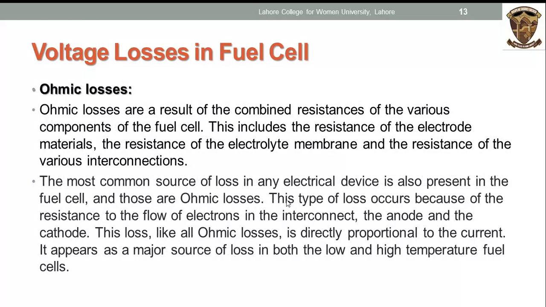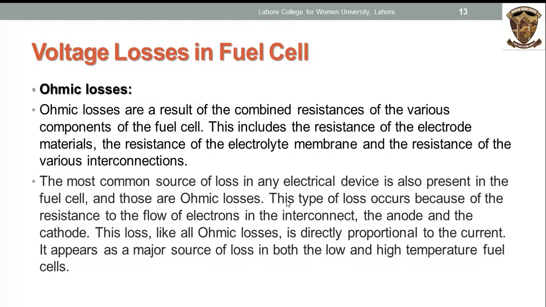Now, the third loss, ohmic losses. Ohmic losses are a result of the combined resistances of the various components of the fuel cell. This includes the resistance of the electrode material, the resistance of the electrolyte membrane, and the resistance of the various interconnections. The most common source of loss in any electrical device is also present in the fuel cell, and those are ohmic losses.